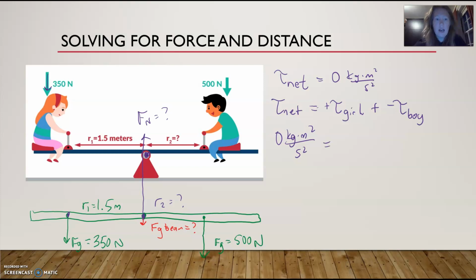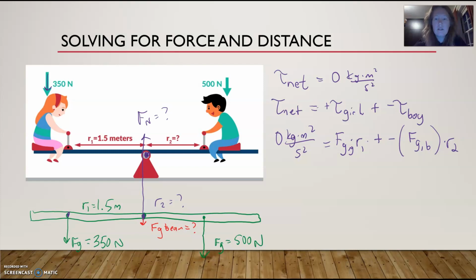Okay, so now I'm saying 0 is equal to, and then I'm going to put the torque from the girl here. They already gave me the force in newtons, and I'm applying this force basically right perpendicular to the beam. That's great. So when I do this, I'm doing force times the radius times sine of theta, but that's going to be 1, plus negative the boy's weight times radius 2.